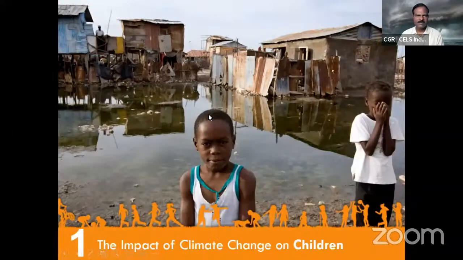So here is a picture you could see during a flood. Some children are here. The lives of children will be miserable in case of this kind of disaster. First of all, these are mostly man-made and climate-induced disasters, where these younger generations had no role, but the earlier generations have caused this situation.